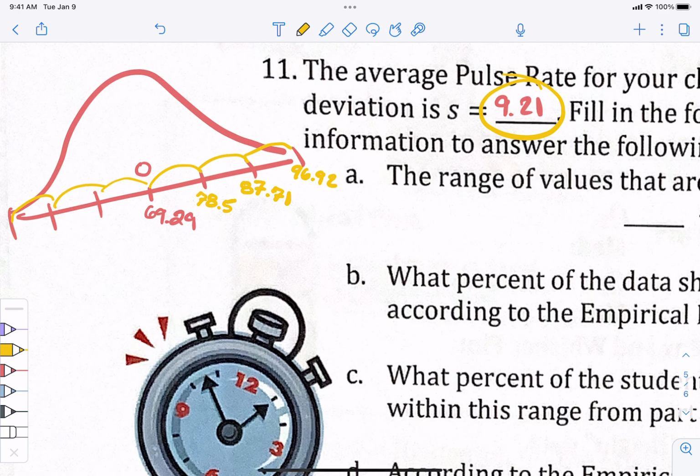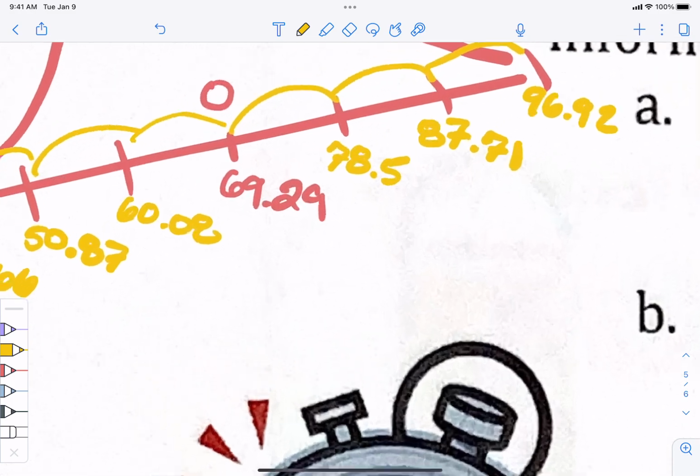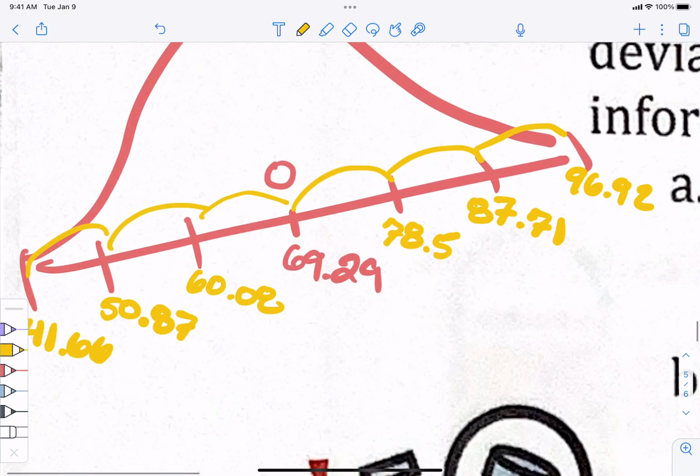Subtracting, 69.29 minus 9.21 is 60.08, 50.87, 41.66. Okay, I'll zoom in on that. There's your bell curve. This is +1, +2, +3, -1, -2, -3.